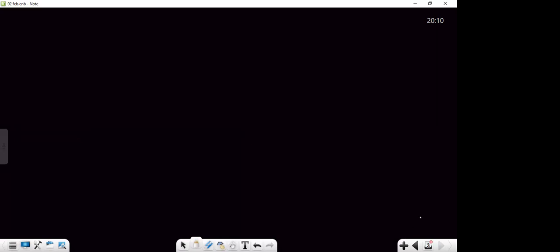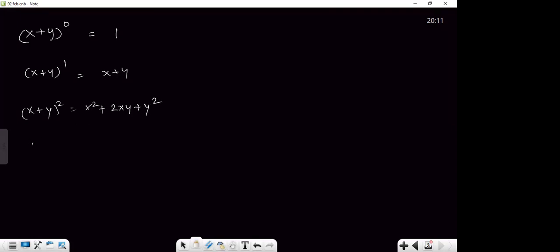So traditionally, if I write x plus y raised to power 0, it's obvious that anything raised to power 0 becomes 1. If I write x plus y raised to power 1, it's itself only, x plus y. Then x plus y whole square. We have learned its value earlier like this.